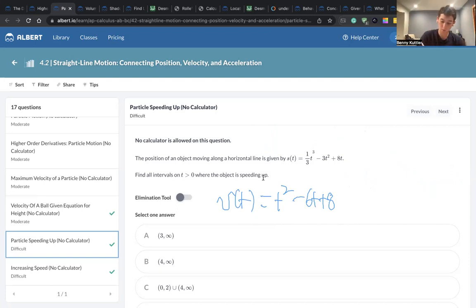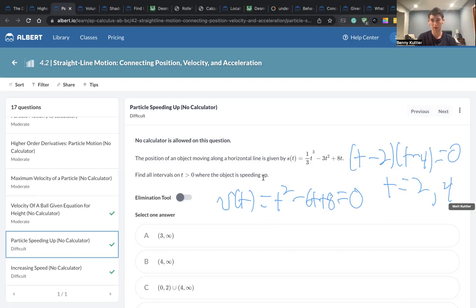Since there's no denominator, it's not a fraction, this can't be undefined, so we're just looking for where this equals 0. We can factor this as t minus 2 and t minus 4 equals 0. And we know we have zeros at t equals 2 and t equals 4.